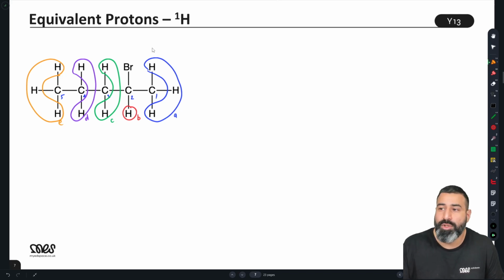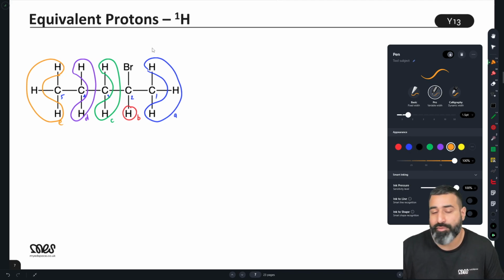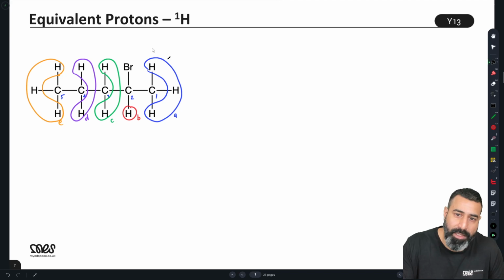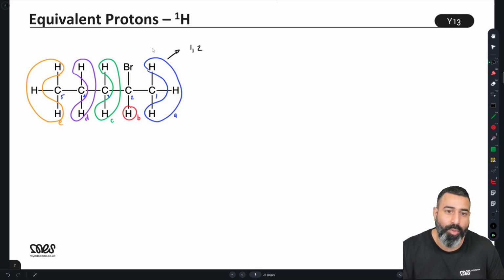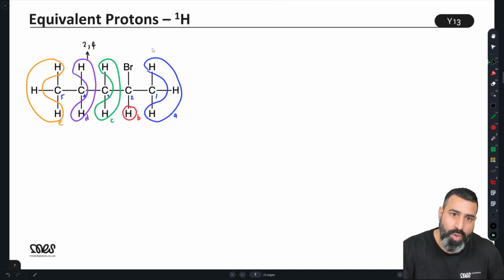If you are stuck, what you could do is try our trick of replacing a proton in these 5 environments with mystery group X, and then you can see what the naming would be. So for example, if we replace that, that would be 1, 2, X bromo, whatever. Then if we replace this, that would be 2, 3. And if we replaced this one, it would be 2, 4.